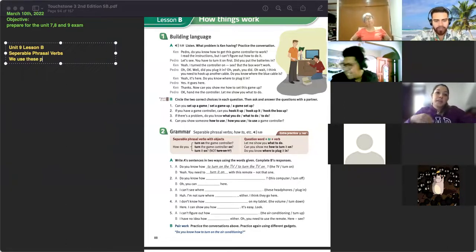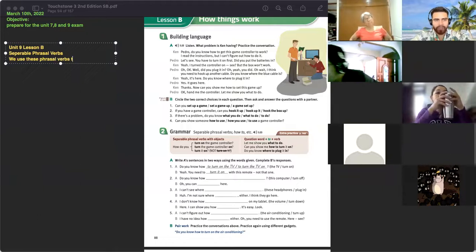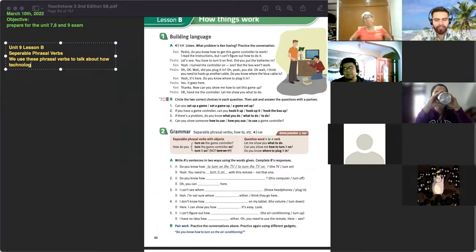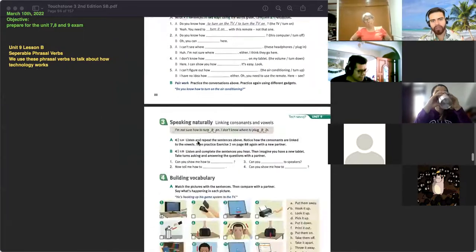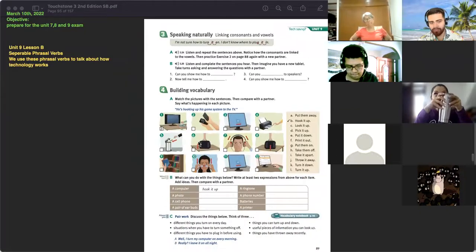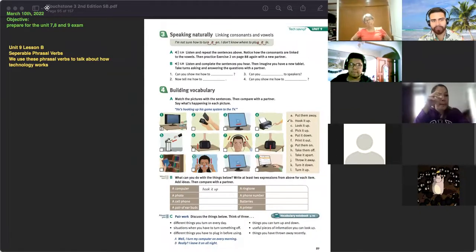We use these phrasal verbs to talk about how technology works, how it functions, no? And they are separable.